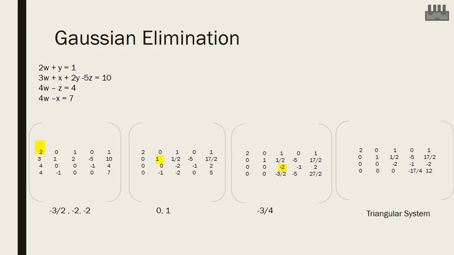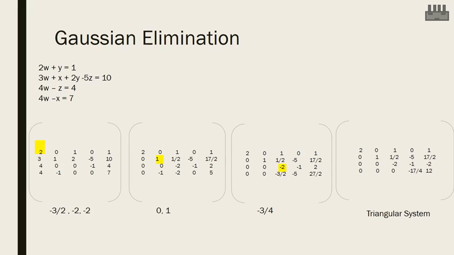So let us start with Gaussian elimination, right? Let us look at this set of four equations listed here. It has four equations and four variables, namely w, x, y, and z. So what we try to do here is write it in the form of a matrix, as a notation. You see 2 0 1 0 1 in the first row of this matrix.